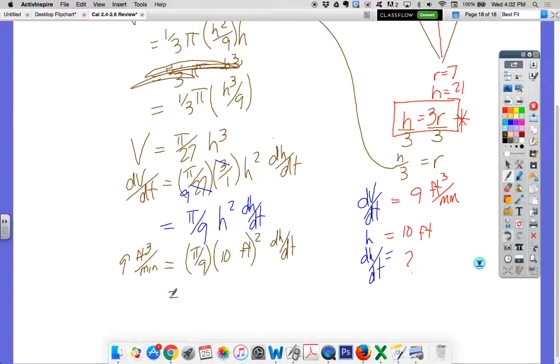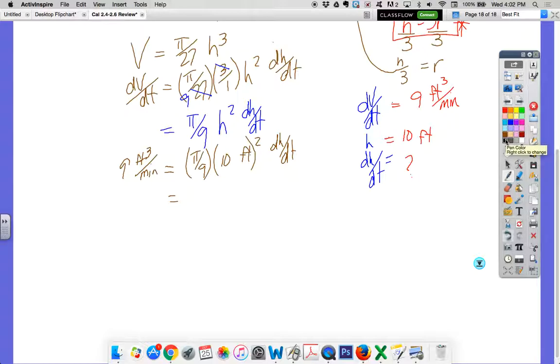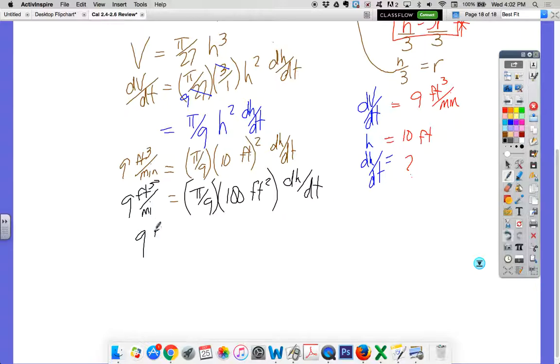Okay, so it's a little bit more cumbersome in the calculations, but that's okay. We need to square this out, and I'm working it with the units in there, but you guys can handle that. Y'all smart kids. So that's just going to be 100 square feet, dh over dt. I'm just going slow. 9 cubic feet per minute.